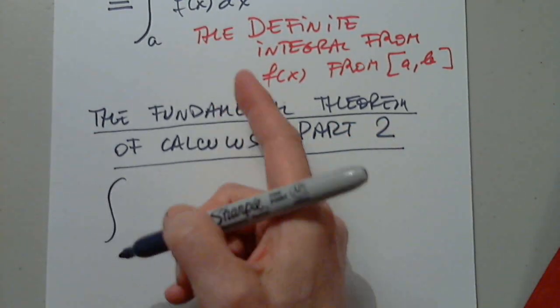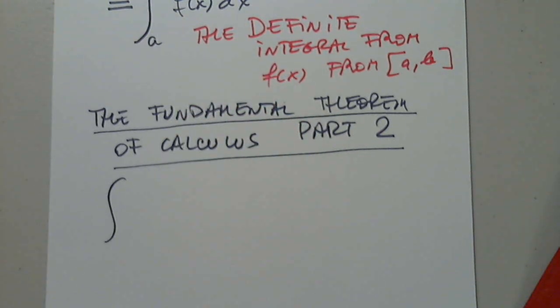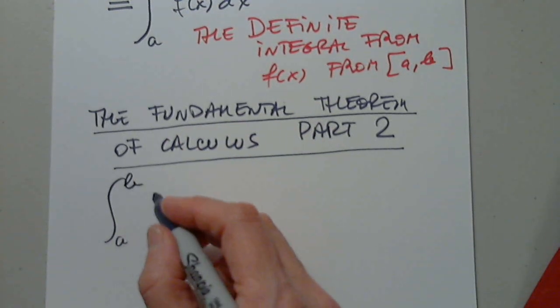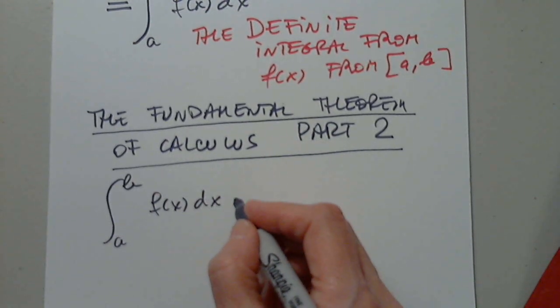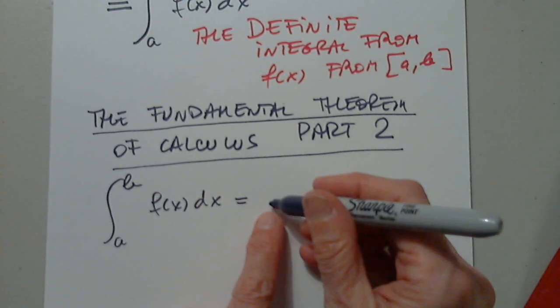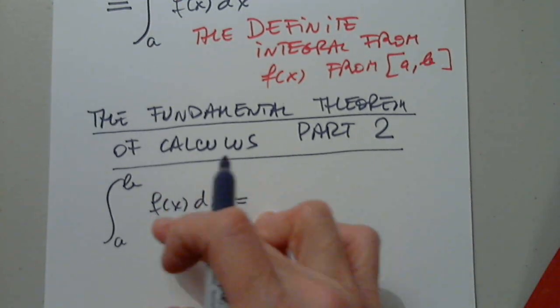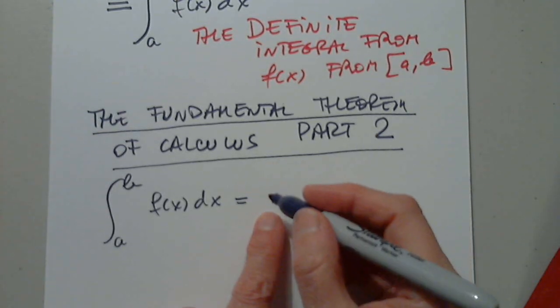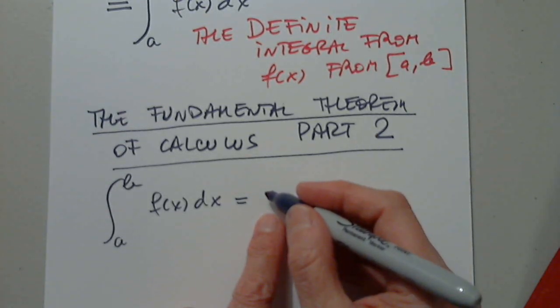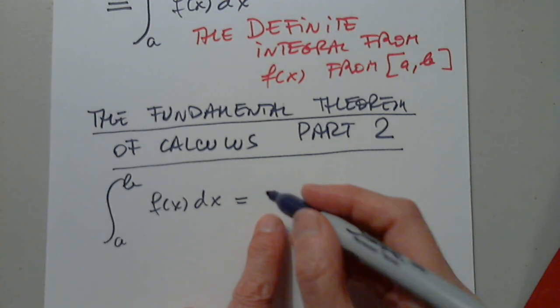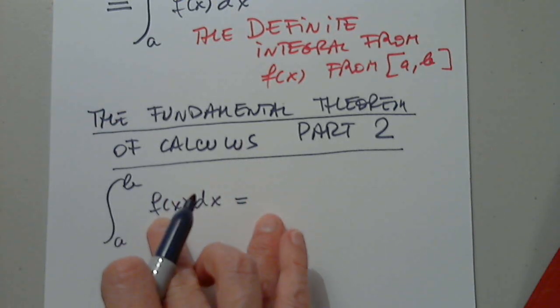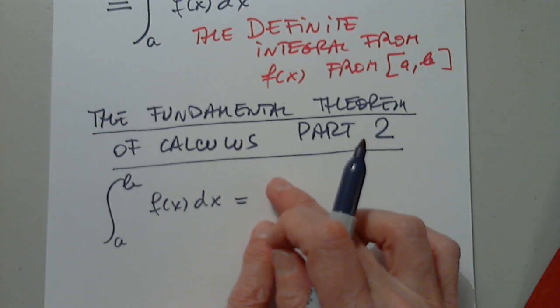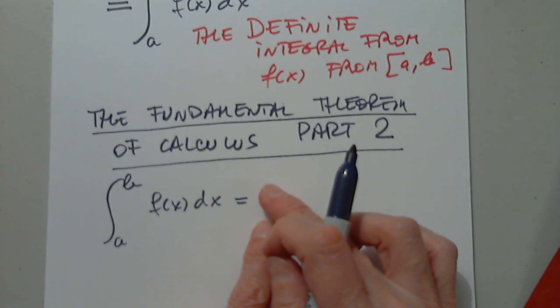That the definite, fixed, between this and this, that's why you call it definite, integral from A to B of f of x dx is, can anyone tell us what is the notation corresponding to f of x for the most general antiderivative? Capital F of x.